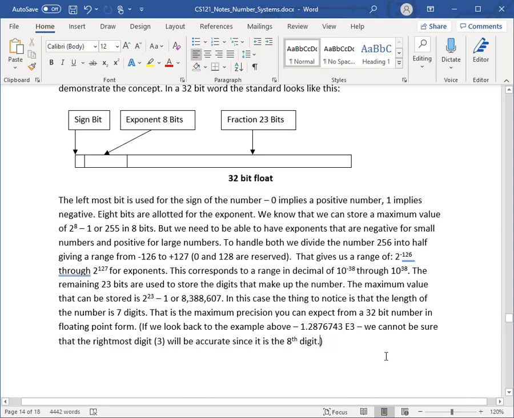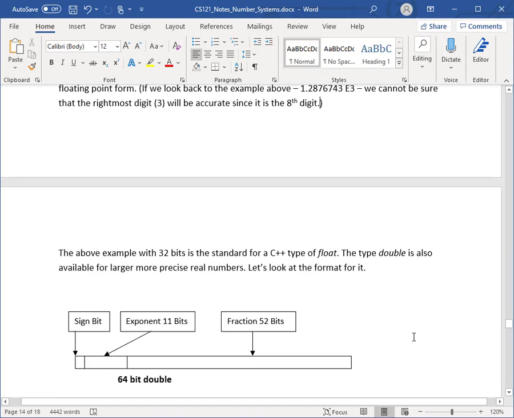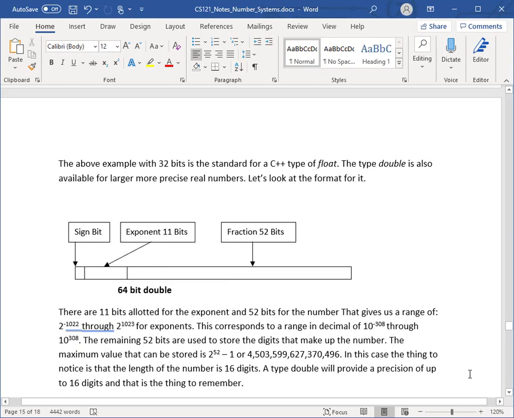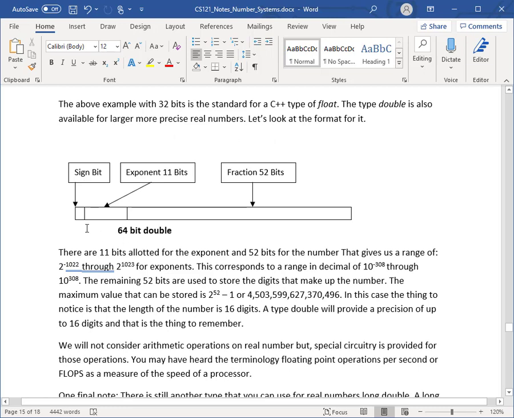Let's look at one more. Let's look at 64 bits. 64 bits is a regular double type in C++. So in this case, we have a lot more bits that we can use. The left-hand bit is still a sign bit, 0 positive, 1 negative. We have more bits for the exponent.